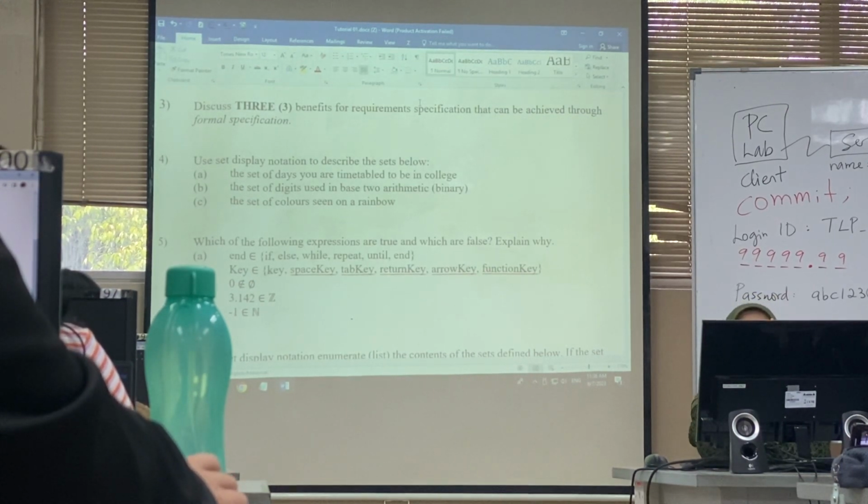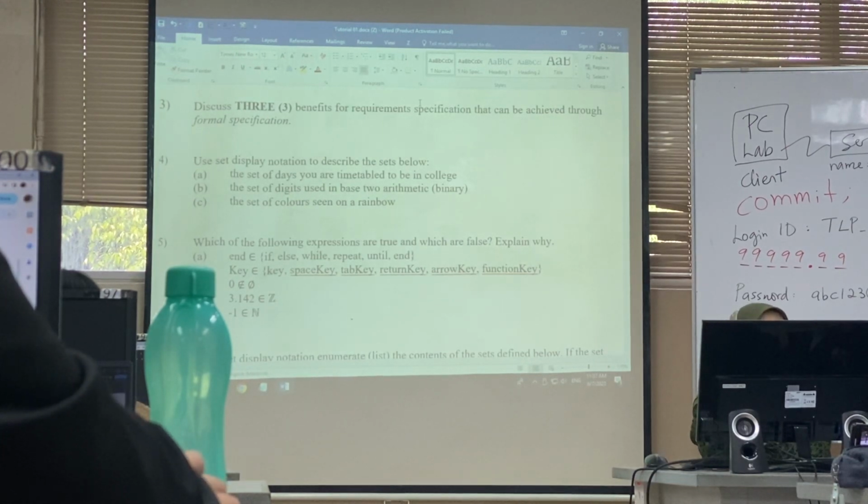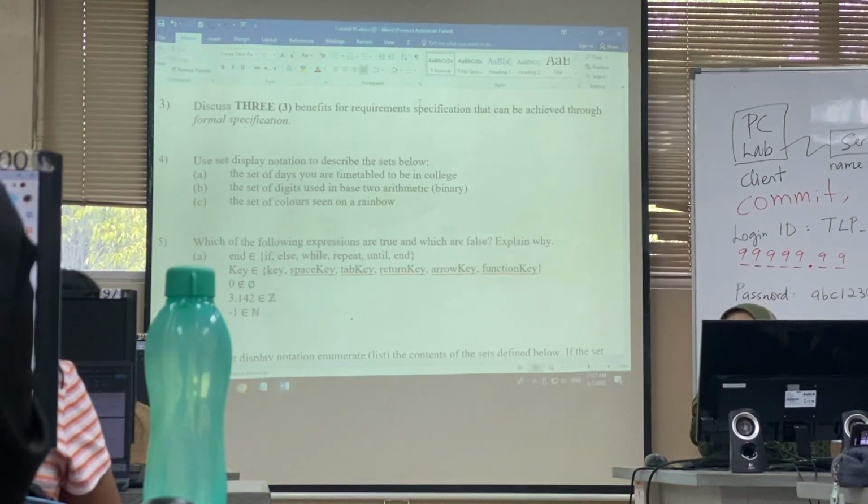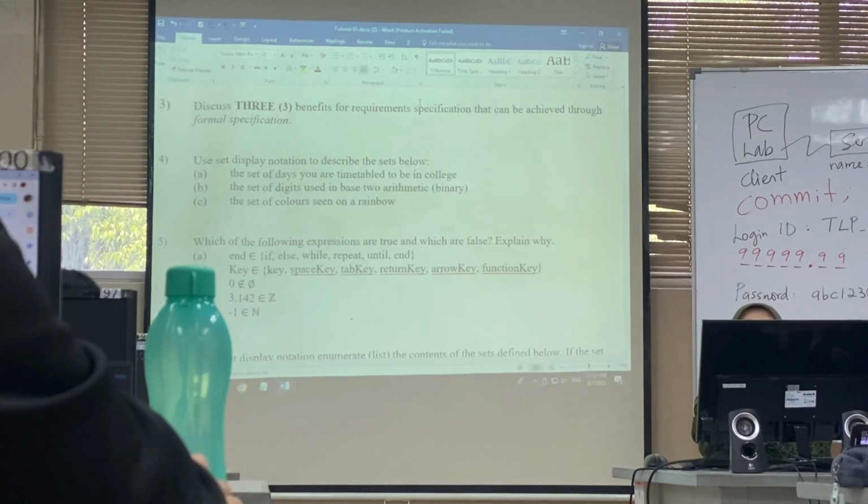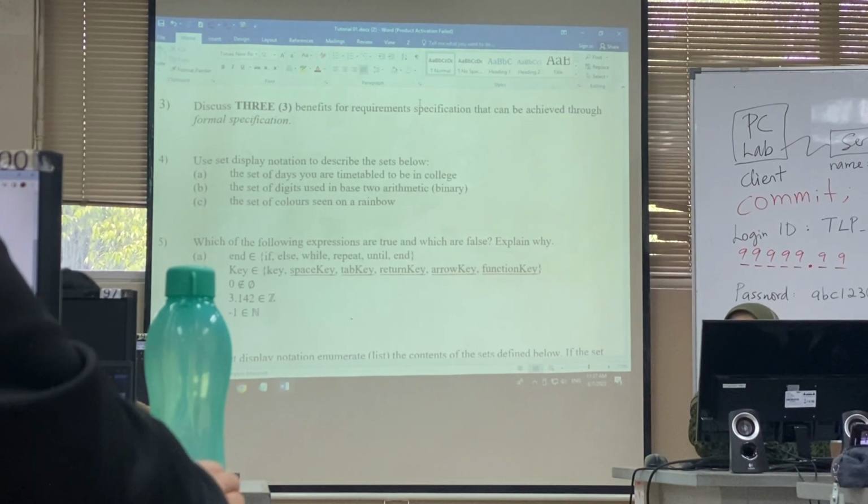If you use normal specification, sometimes the clients will be vague because you don't have specific requirements. But when you use formal method, formal specification in this case, because we are talking about the requirements, you can be specific on it.